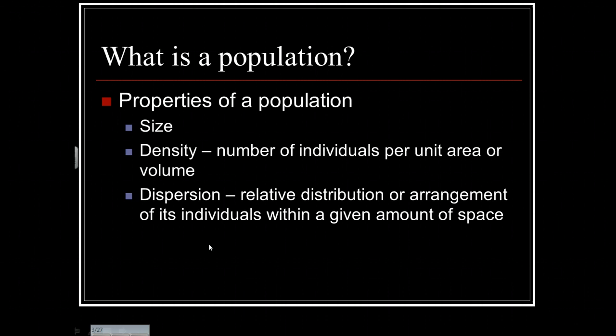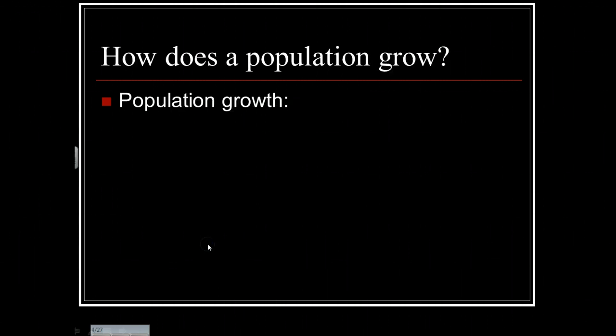But when we spread you apart and perhaps put you into the groups that you sometimes work with, then we're talking about the same number of individuals, but grouped a bit differently. Density becomes a little bit trickier to handle there, but dispersion basically describes how you are distributed or arranged within the given space of the classroom.